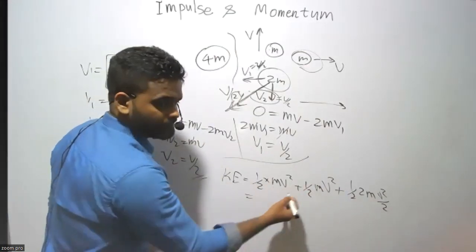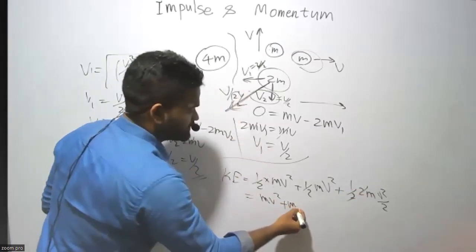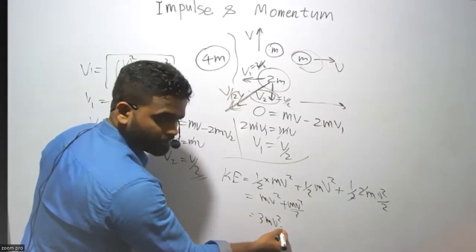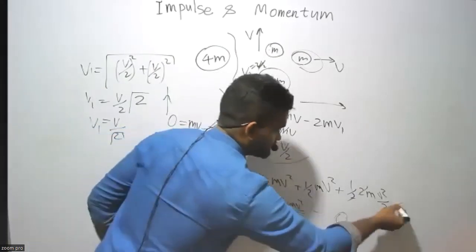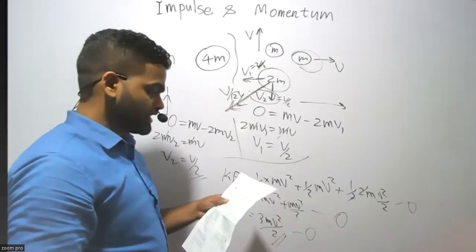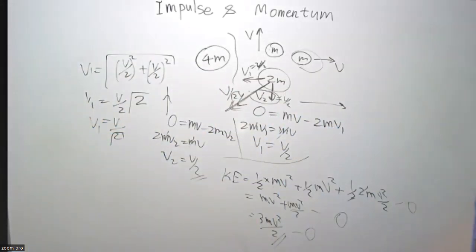Half mv squared plus half mv squared plus mv squared over 2 gives 3mv squared over 2, minus 0. Initial kinetic energy is 0. So the answer should be the second one.